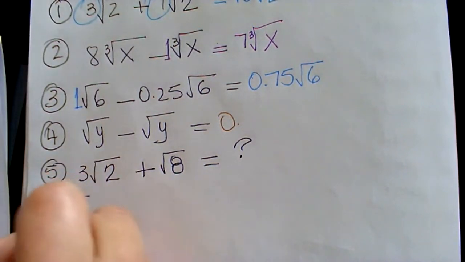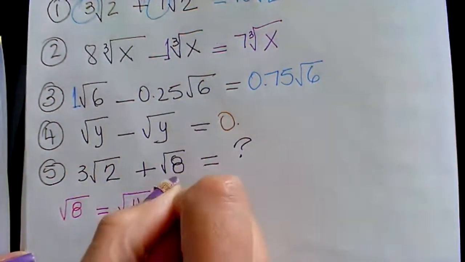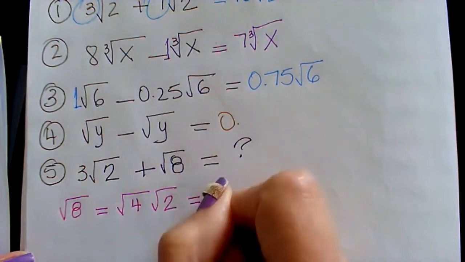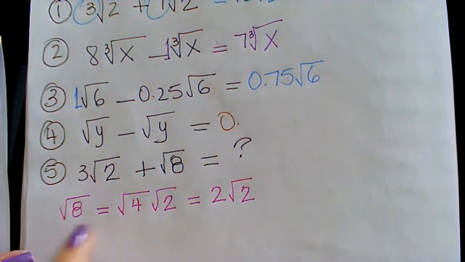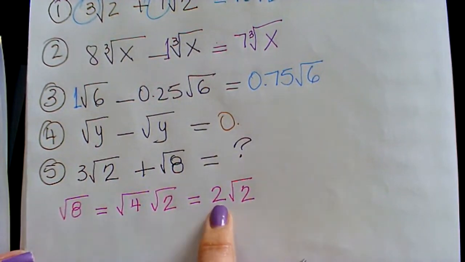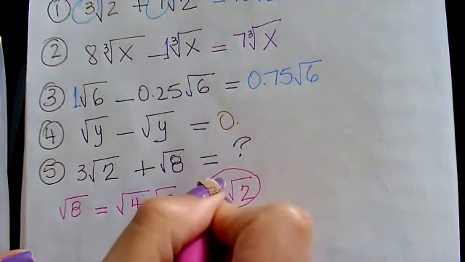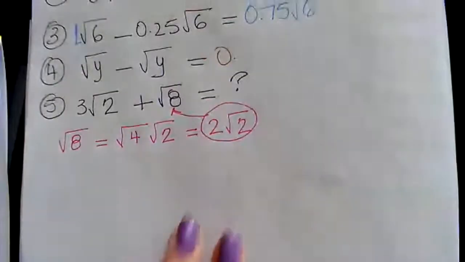So the square root of 8, we know, is equal to the square root of 4 times the square root of 2. And we know that the square root of 4 is 2. So the square root of 8 is equal to 2 times the square root of 2. So we can replace the square root of 8 with this term.